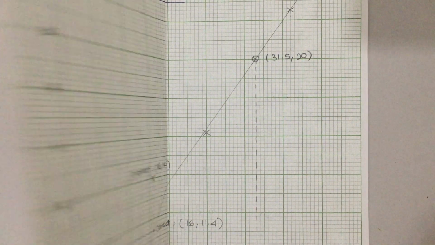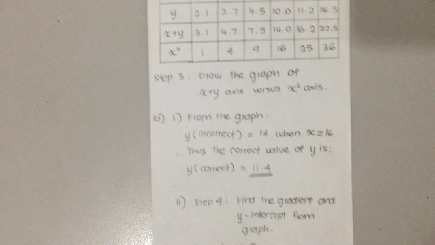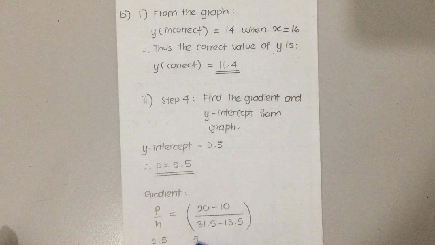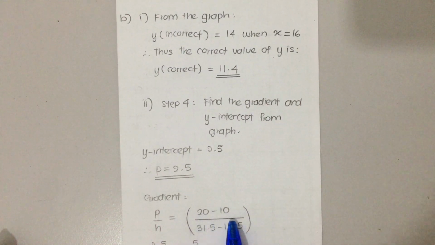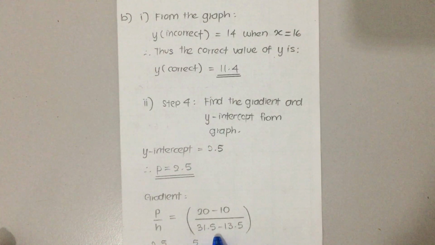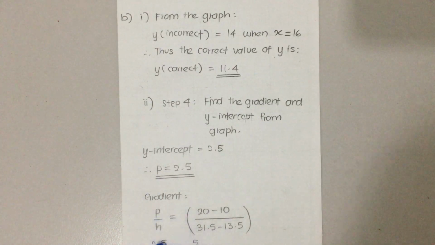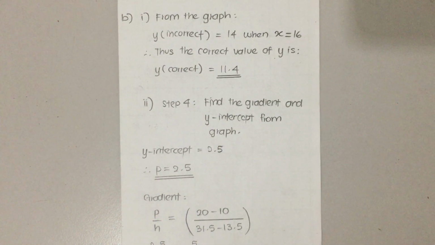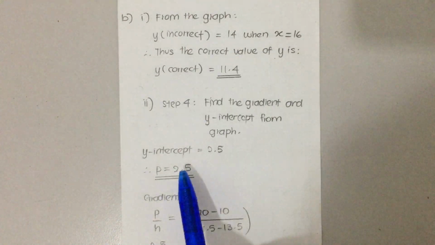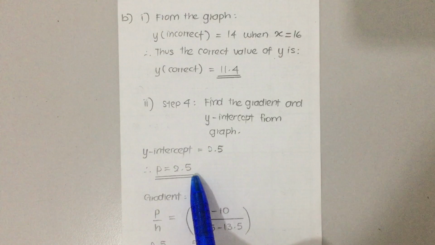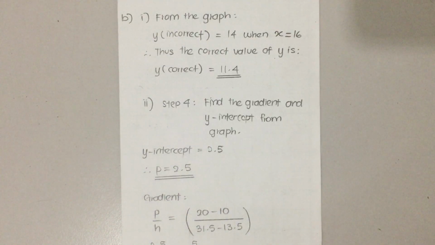So the gradient of the graph will be 20 minus 10, which is your y2 minus y1, divided by x2 minus x1, which is 31.5 minus 13.5. When you compare with your straight line equation, which is p over h, from the question we've already found the answer for p, which is 2.5. So we can substitute this 2.5 into this gradient equation.